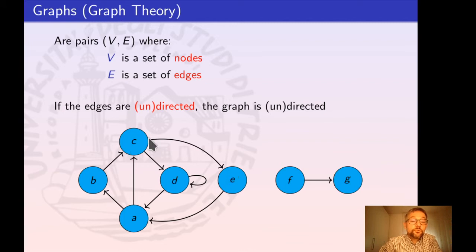Or you may provide a direction, and in that case you can go through the edge only in one direction. So for instance, here I can go from C to E, and in that case I'm dealing with a directed graph, of course. Okay, so from the graph theoretical point of view, it's really a simple data structure. Okay, nothing special. We have nodes and edges.